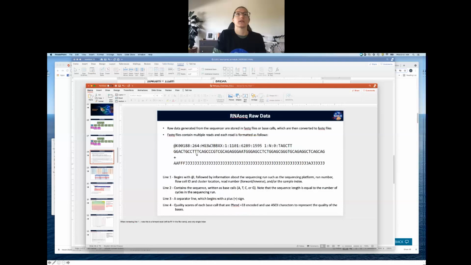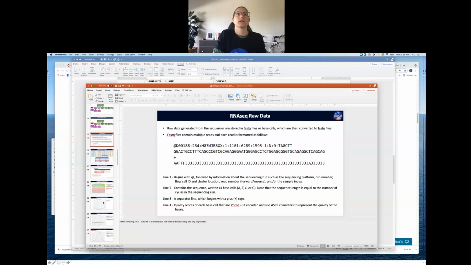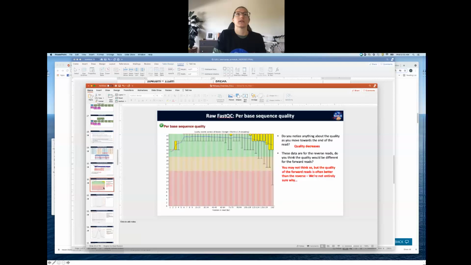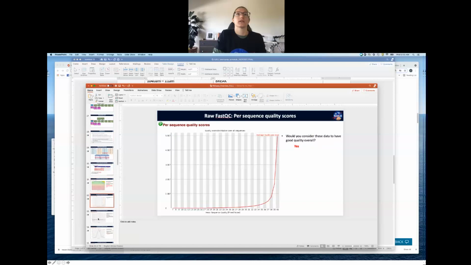Our read looks like this, so there are 4 lines to every read. During FastQC, it takes this information of the sequence along with the quality scores given in association with the read, and compiles it into a nice graphical format. That's what we went over yesterday, looking at the quality of the sequence at each base pair, overall for each read.